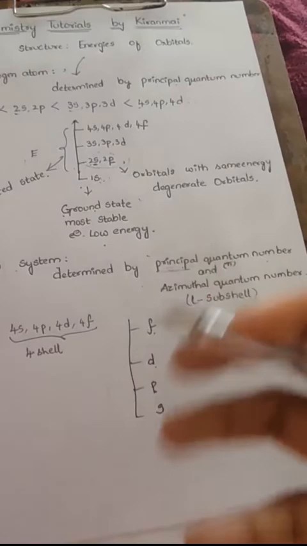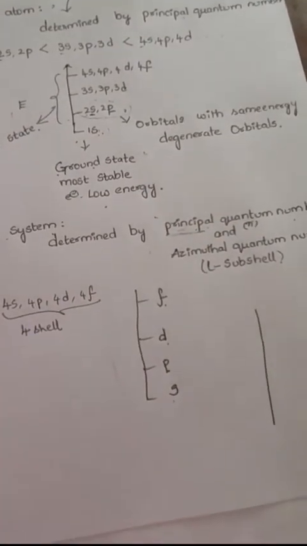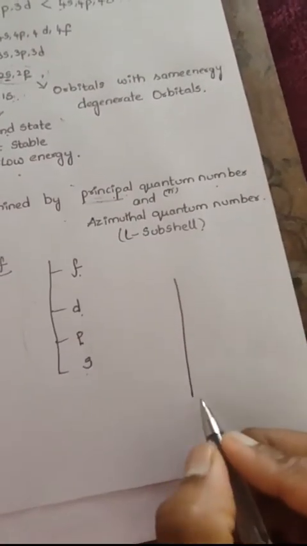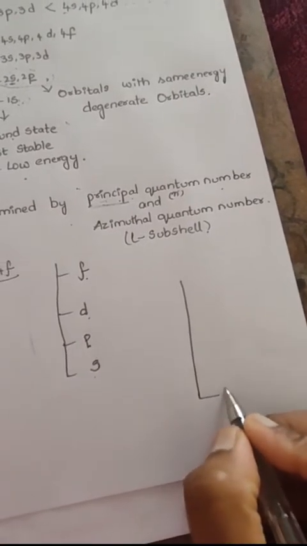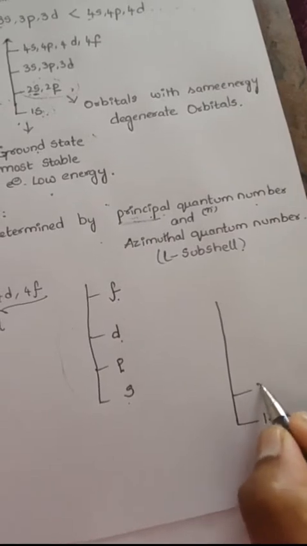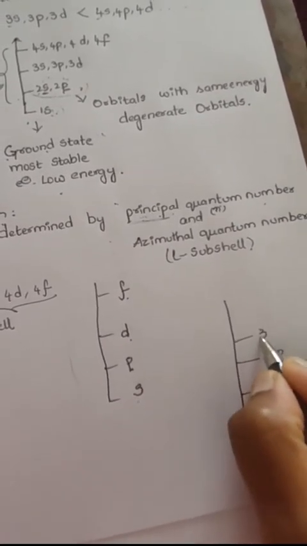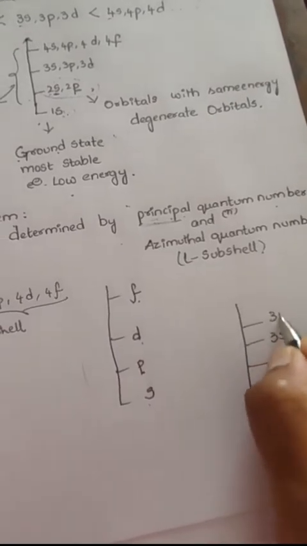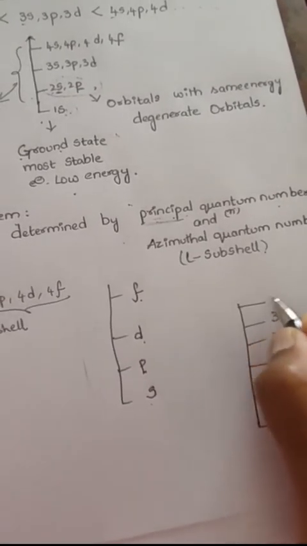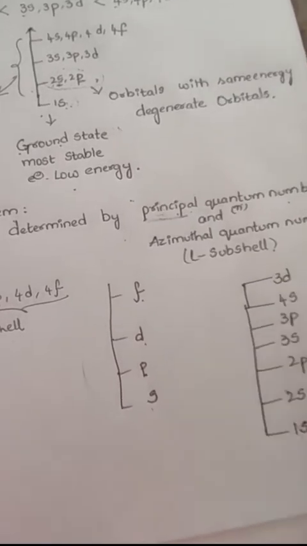When it gets mixed up, meaning 3 shell, 2 shell and 1 shell are also present in the atom, if we consider all shells, then it will be like this: 1s orbital, which is lower than 2s, lower than 2p, lower than 3s, lower than 3p, lower than 4s, lower than 3d.